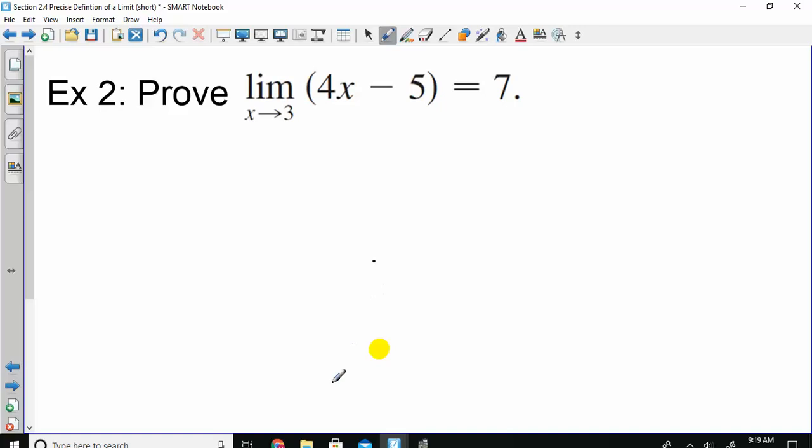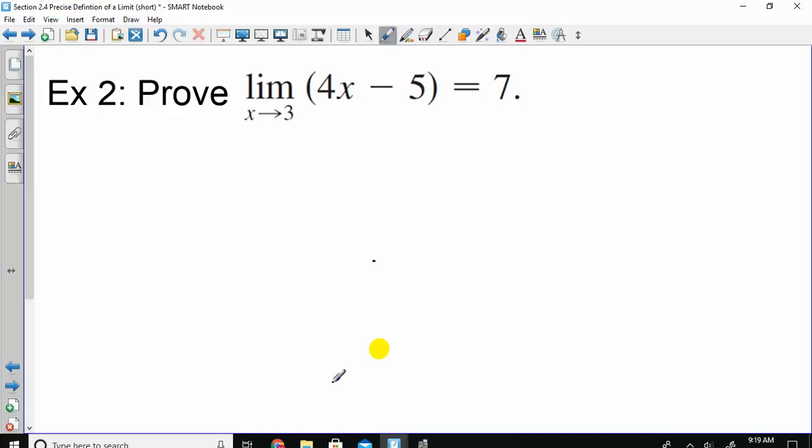So here is our first one. I want to prove limit as x approaches 3 of 4x minus 5 equals 7. Okay, we know this is true because I've told you you can plug in the 3, you get 12 minus 5, it's 7. We're good, we believe that. If I want to prove that it's true, we have to show the definition works.